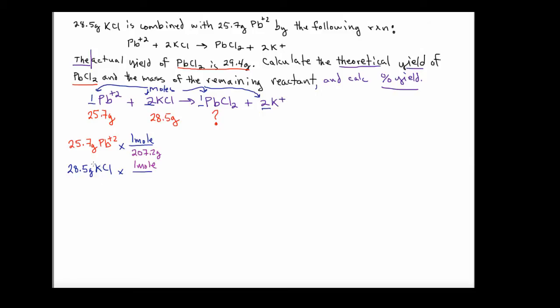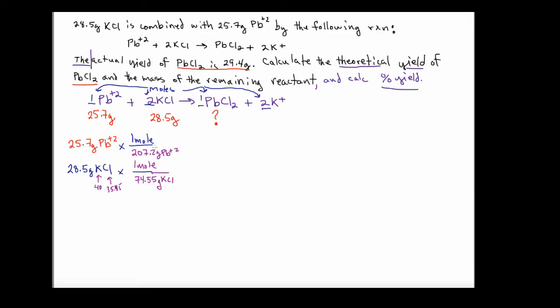When you calculate the KCl, the K is about 40 grams per mole. The chlorine comes in at 35.45. So the molar mass of the KCl is going to be 74.55 grams per mole. And this is my KCl. And this is my lead.